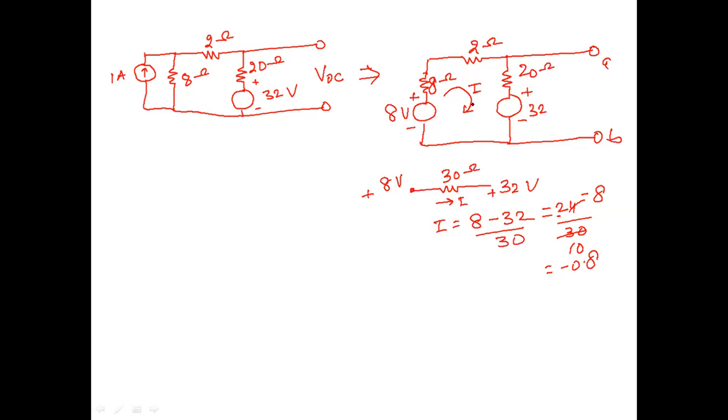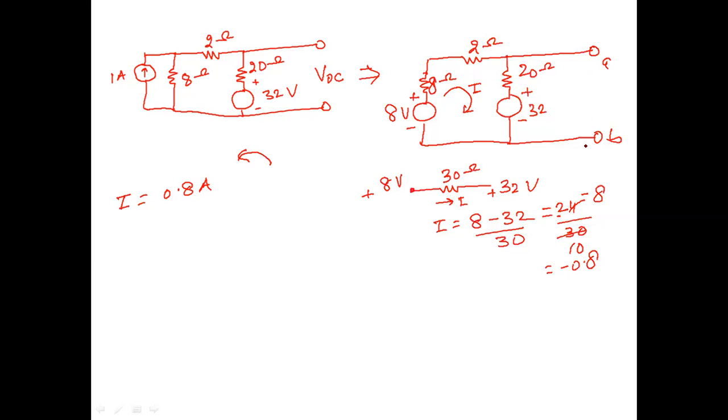It means the direction of current is not this, the direction of current is along this direction. So the actual current flowing is not clockwise, it will be in the anti-clockwise direction. So I magnitude is 0.8 ampere in anti-clockwise direction.